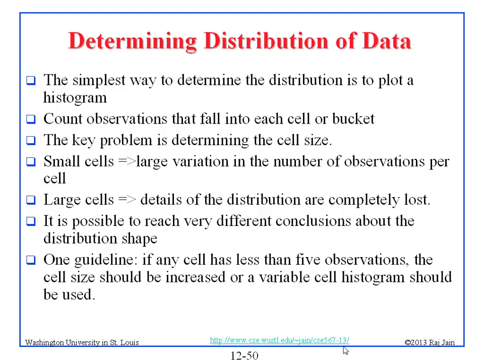So you can really get into different conclusions. So one of the guidelines that people say is that if a cell has less than 5 observations, the cell size should be increased. So you really don't want to have some cells being empty, or some cells having 1 or 2 while the others have a lot more. So if you are going to do a histogram, this is one guideline they give.